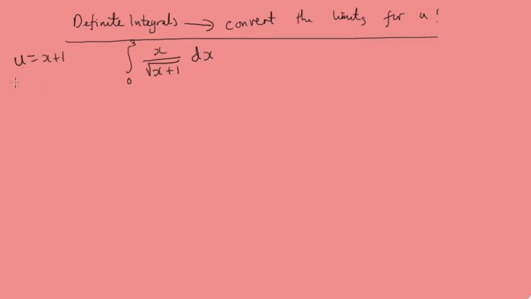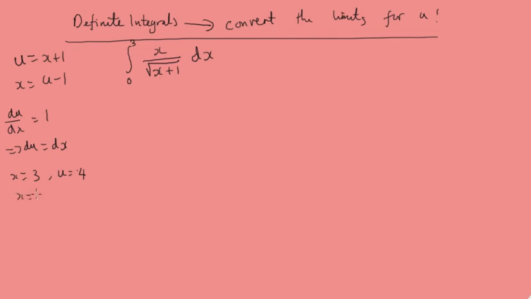So again, we need to find a value of x, which is going to be u minus 1, and du by dx gives us 1, so that therefore means du equals dx. But if x equals 3, then u equals 3 plus 1, which is 4.